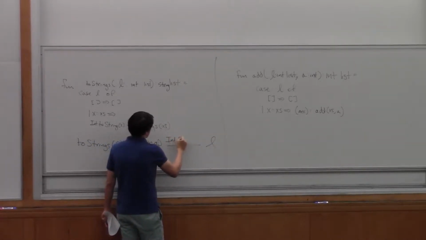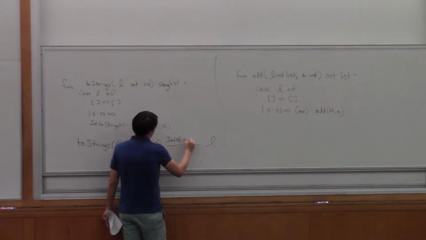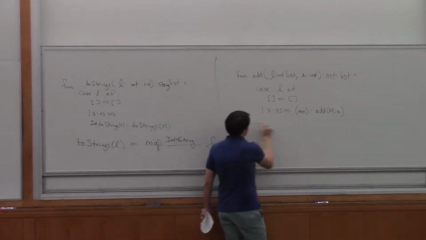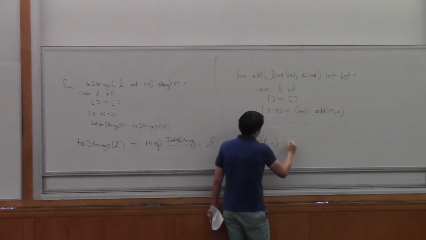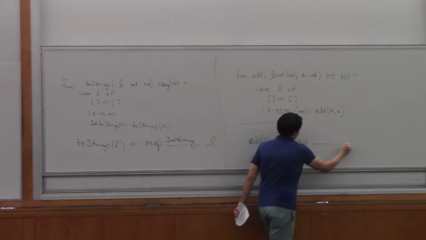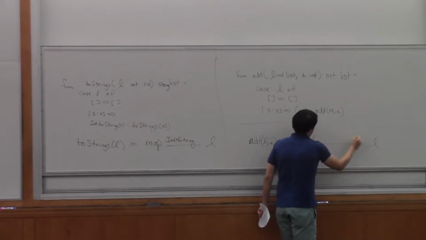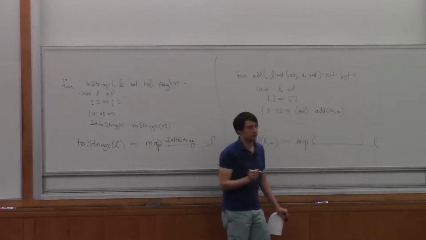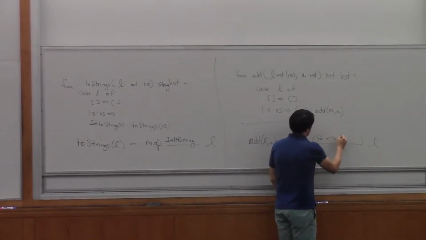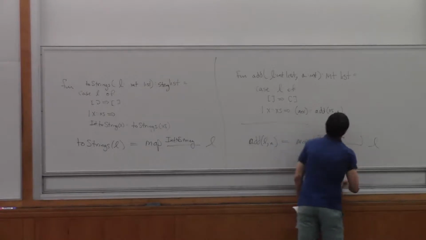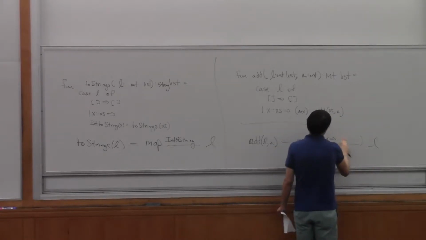It's the toString function. And if we are to define this one, then add a to L is mapping something on L. What's the something? Well, it's the function that takes an x and adds, which way did I do it?